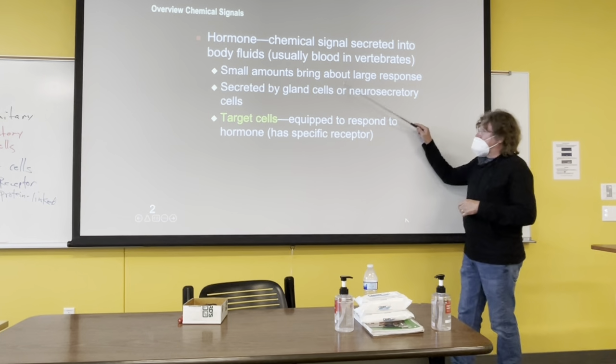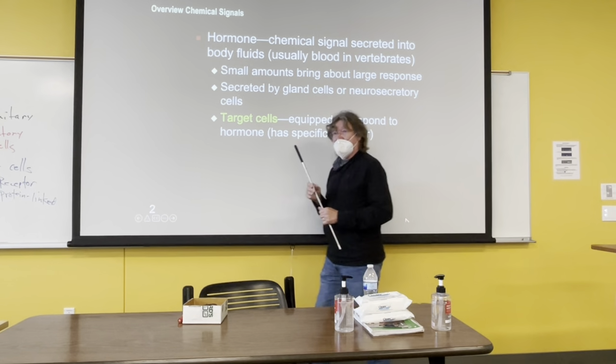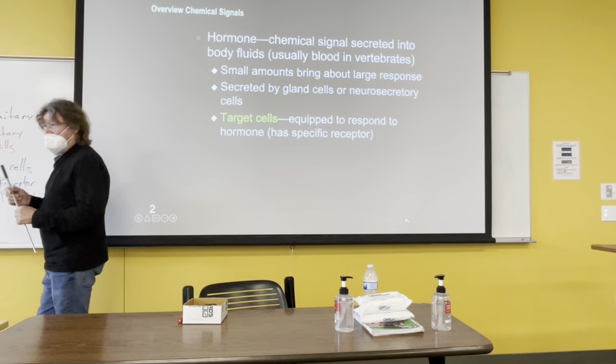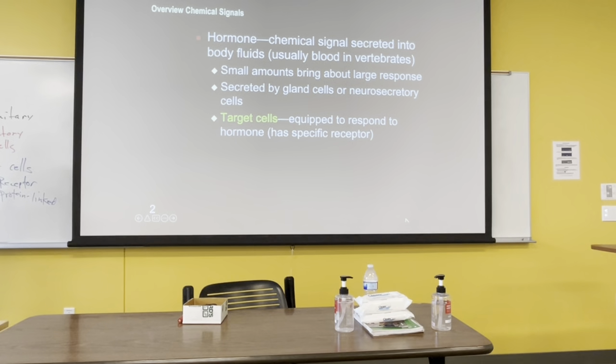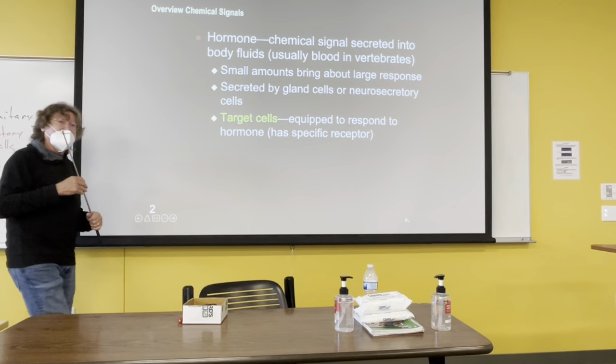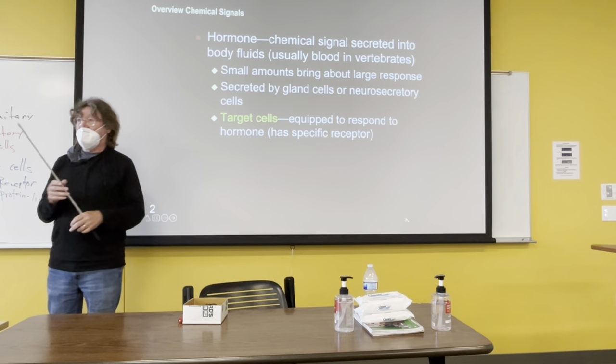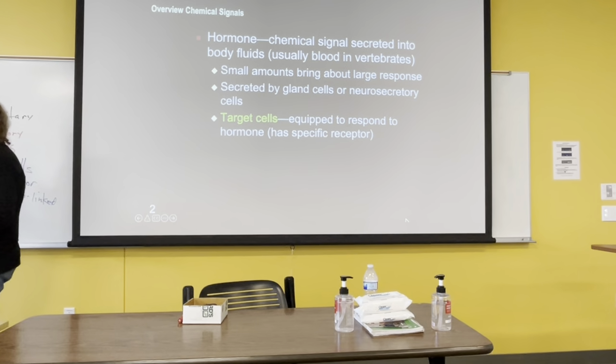The only cells or tissues in the body that can respond are those that have the appropriate protein receptor. Okay, usually the receptor is always a protein, and depending on the nature of the hormone, whether it's hydrophobic or hydrophilic, that receptor might be, usually, if it's hydrophilic, a polar molecule, then that receptor has to be embedded in the plasma membrane with a binding site for the hormone on the outer face of the plasma membrane.